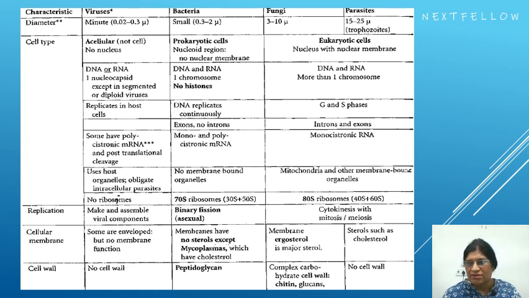Again, a question is asked about the cell wall of fungi: what are the components? The answer is chitin and glucans. Parasites have no cell wall.